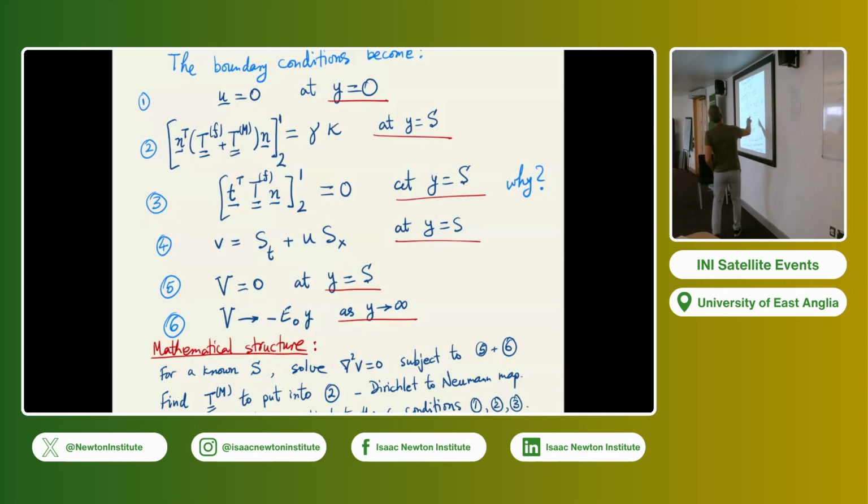What I really need to do is take the full thing and put it in there. I'm actually using a result that says that the jump of T transpose T M N is exactly 0. Why is that? Well, you can work it out algebraically. That's not hard to do.